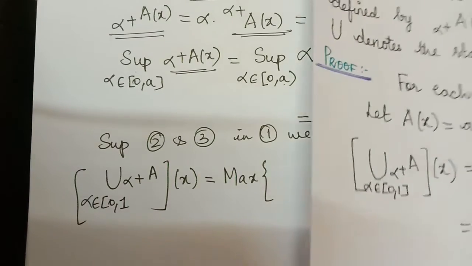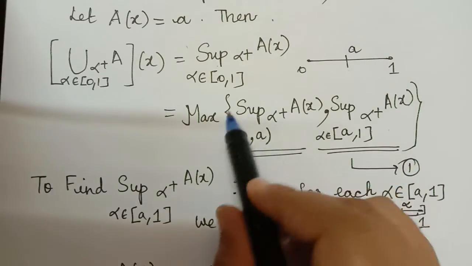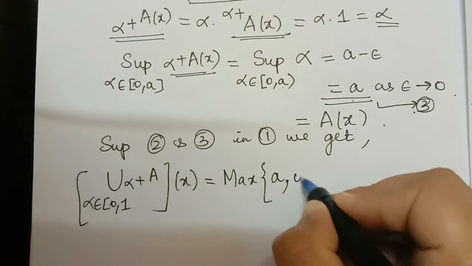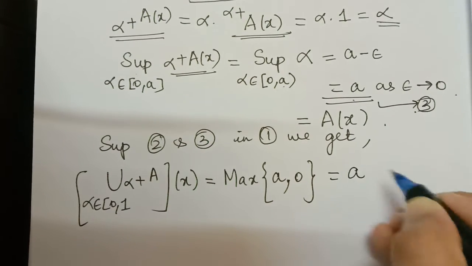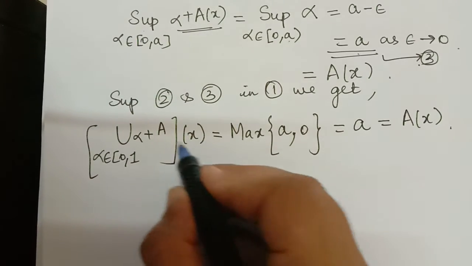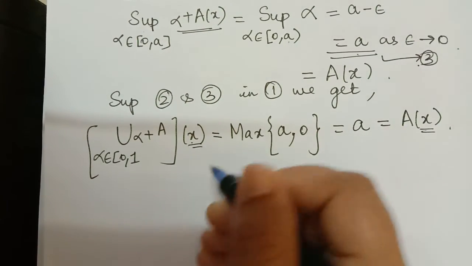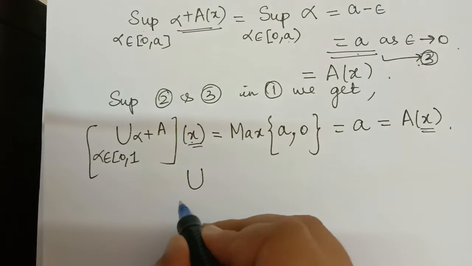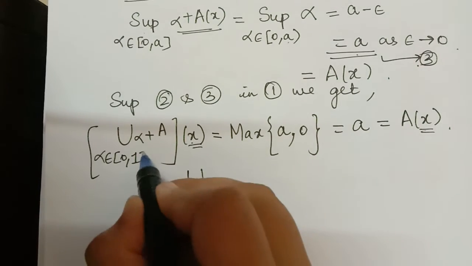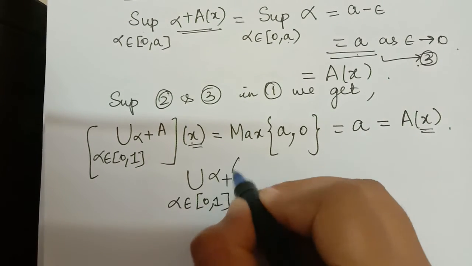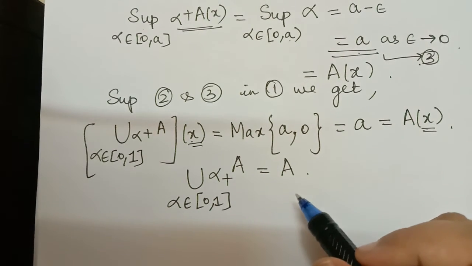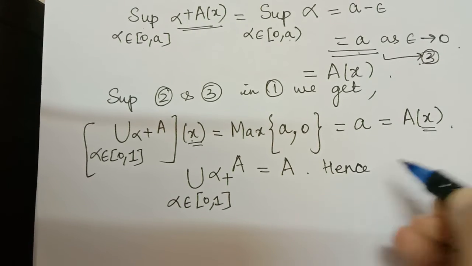We have already evaluated this and got it as A, so this is A comma 0, and that will be equal to A only, which is A of x. This is for one particular value x, so we can say it generally also: the union over alpha an element of closed interval 0 comma 1 of the special fuzzy sets of A is equal to A. So we have proved it. Hope you have understood the second decomposition theorem also. Thank you.